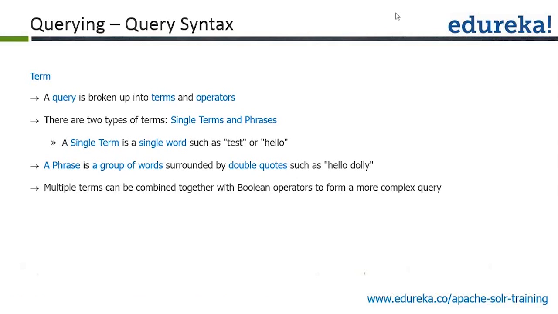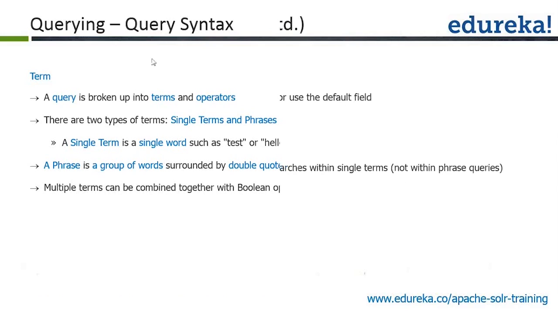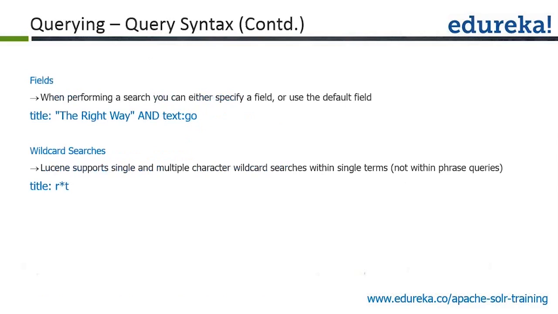Before getting into the lab, let's see some of the basic query syntax terminologies. As I mentioned, the field names have to be specified using a colon as a separator, and thereafter you can specify the content.